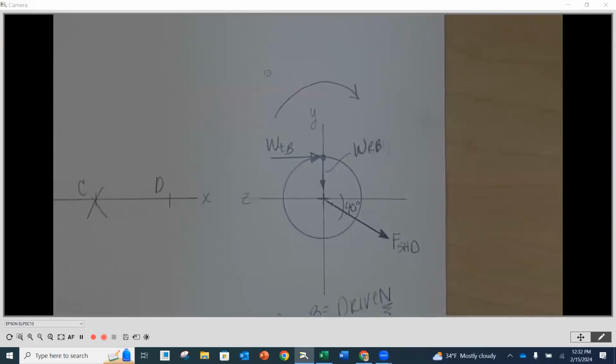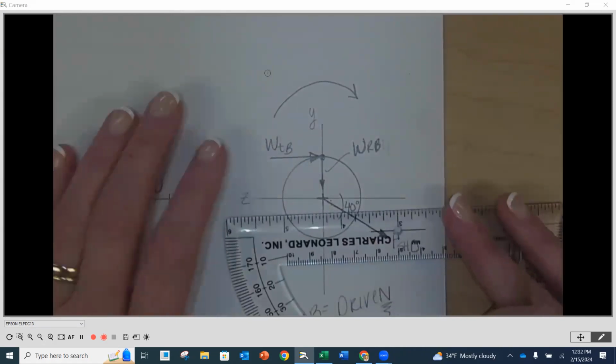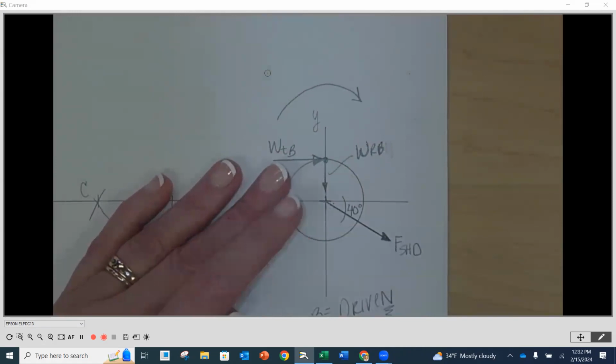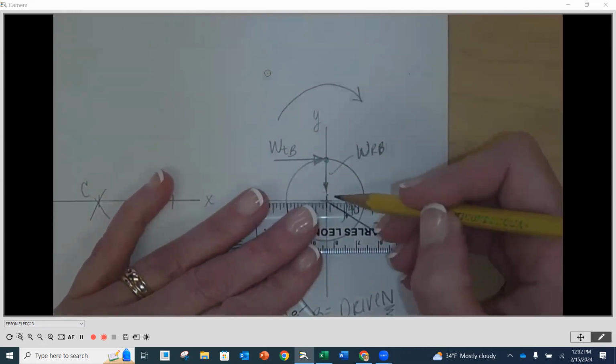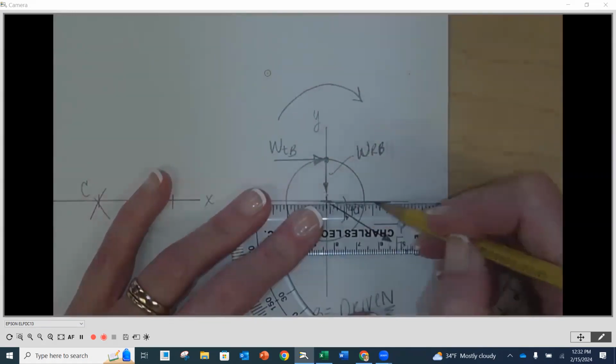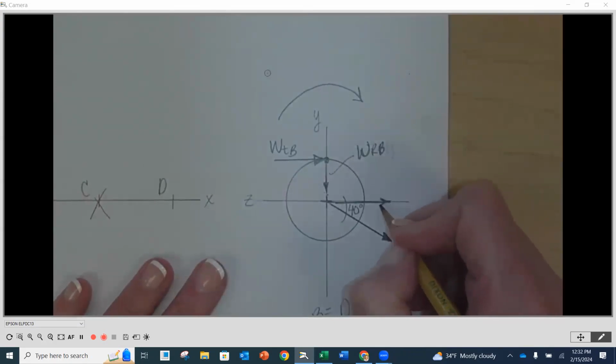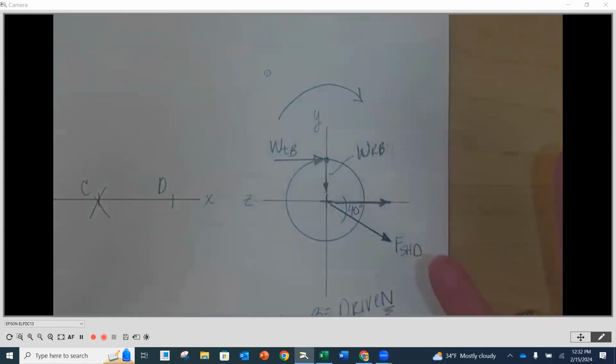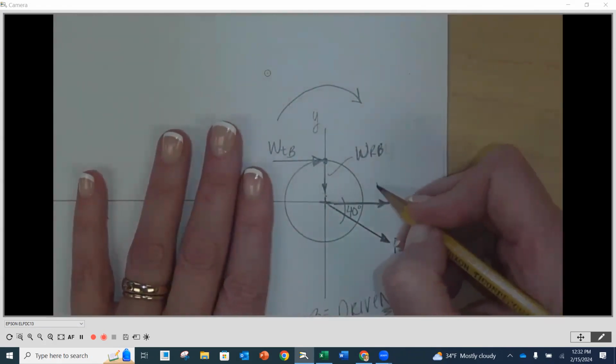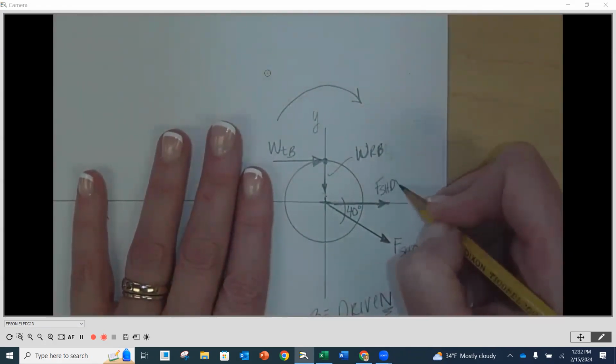Okay. Now, because this is not on the X or Y axis, we are going to show its components, right? Horizontal and vertical components. So then what we're going to do is I'm going to show this going to the right. And just for purposes of being 90 degrees apart, horizontal, vertical, we most often call this the X component.